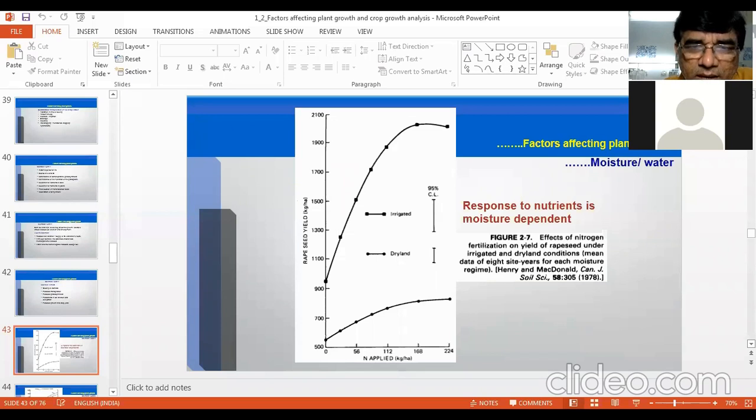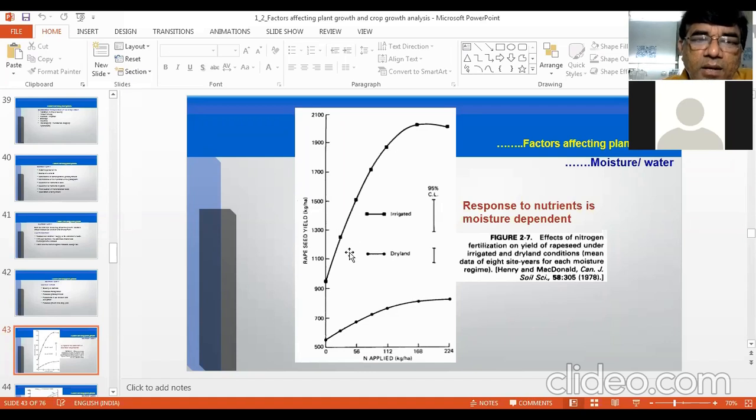And you can see two curves are there. The lower one is for rain-fed or dry land condition. So in dry land conditions, you can see the maximum seed yield of rapeseed may be somewhere around 850 or something like that. So you can see yields are lower.